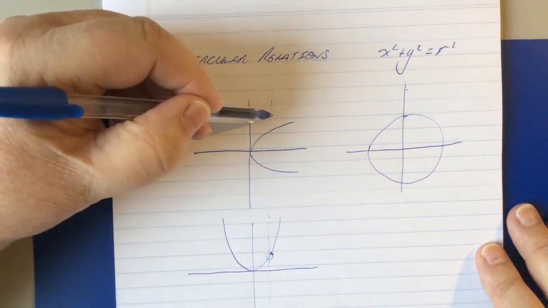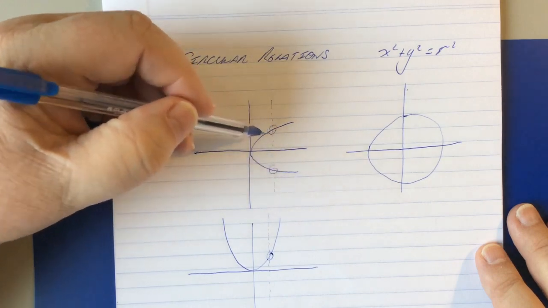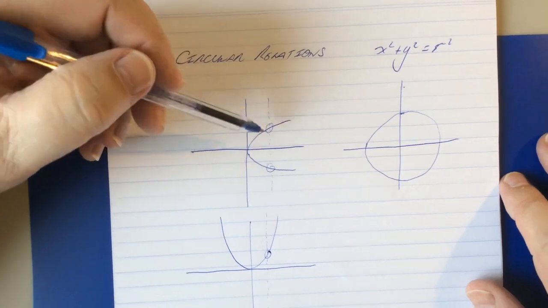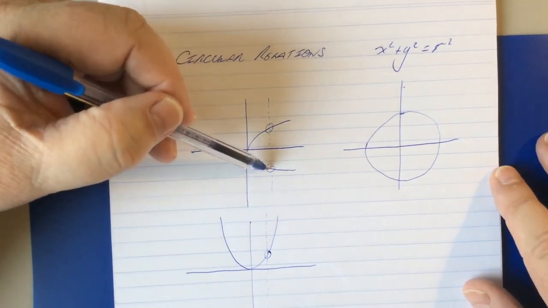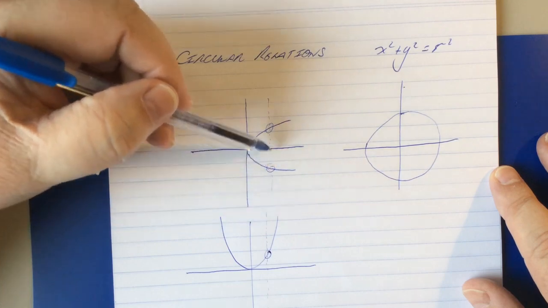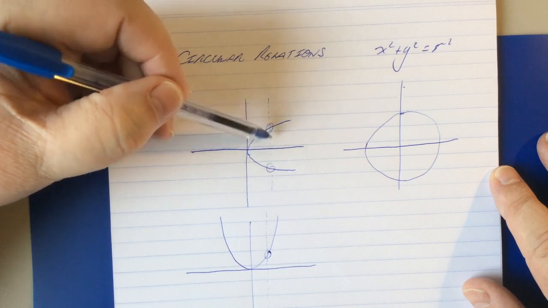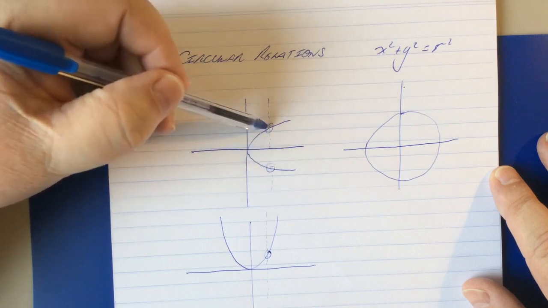If you run that line through this, you hit 2 points, and that defines this as not being a function. It is a relation, and it is one to many. It's a relation of one to many.